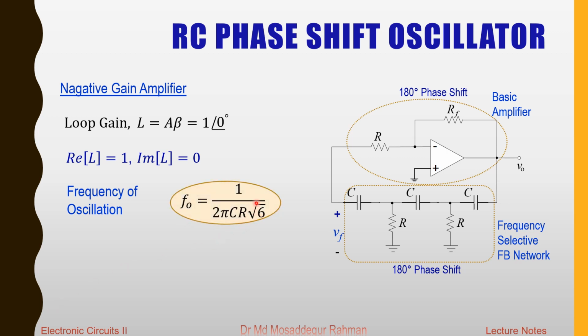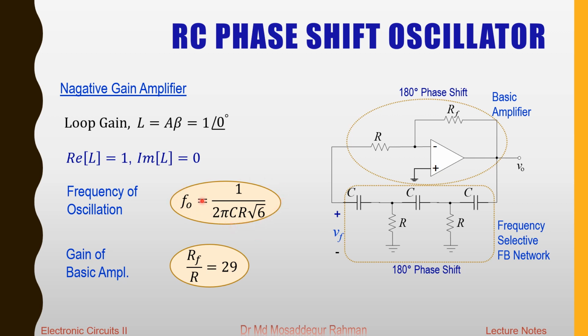You have here square root of 6 and an additional factor for the frequency of oscillation, and for the gain of the basic amplifier, by imposing this condition that the magnitude of the real part should be 1, that will give you the gain of the basic amplifier, and that will be 29. So you have to set the gain of the basic amplifier as 29. Then you will get a sustained oscillation at the output with this frequency.